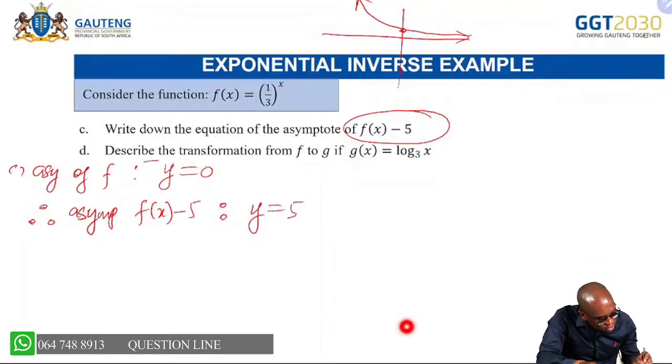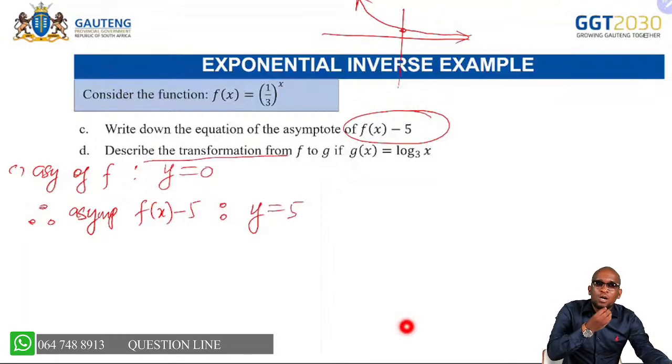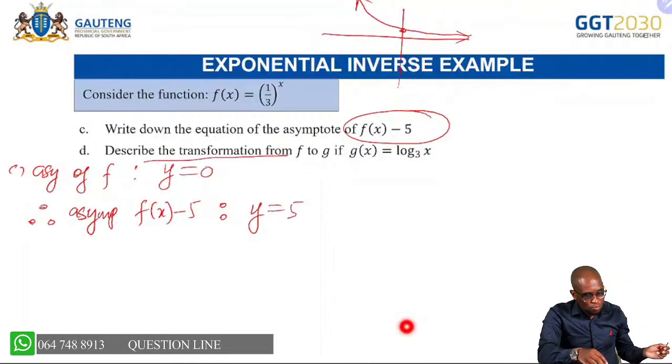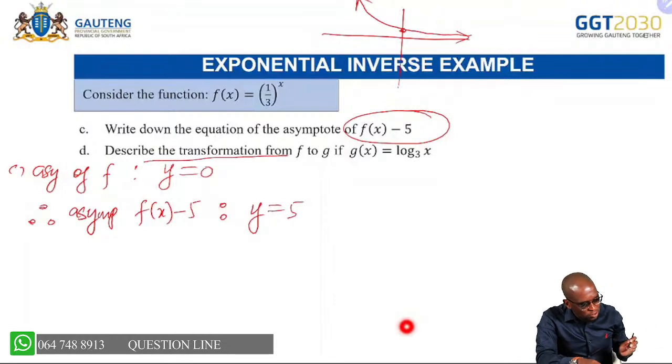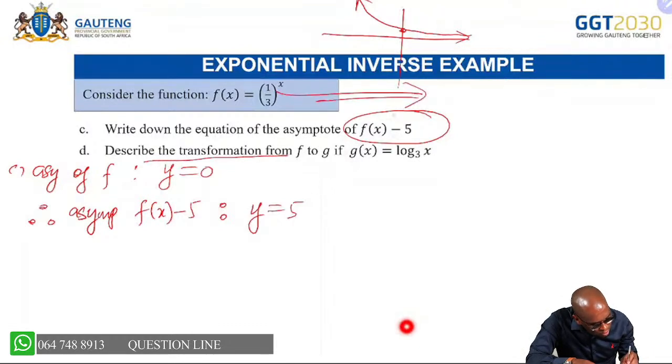Now they want us to describe the transformation. If you recall from the previous question, we were able to talk about transformations. Now we want to do the same, but here we want to describe the transformation in words rather than using the transformation to get to the domain or the range. In order for us to describe the transformation, remember we converted this equation to y is equal to in log form.